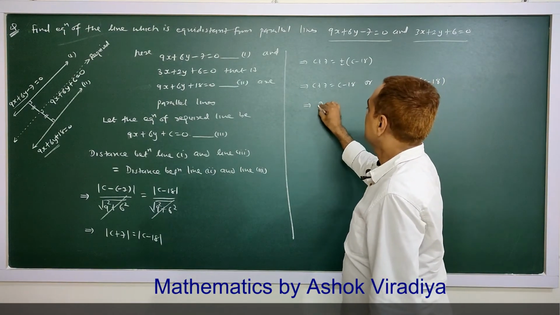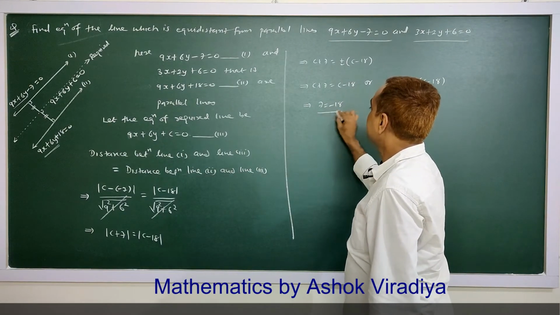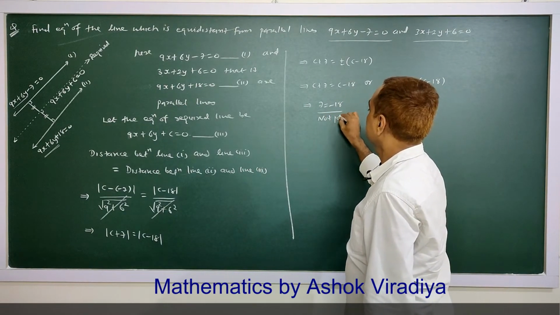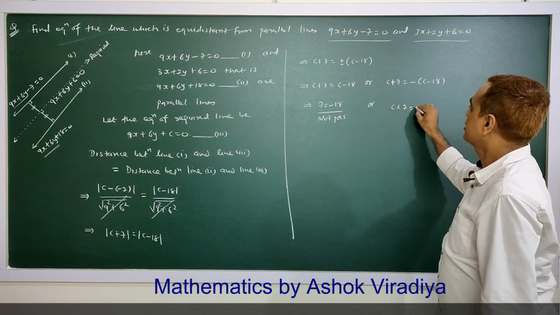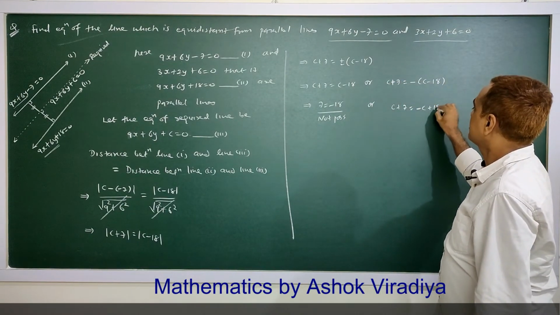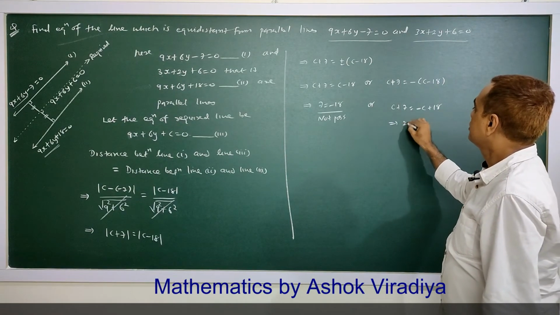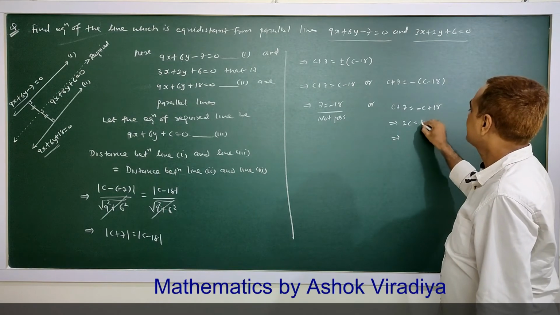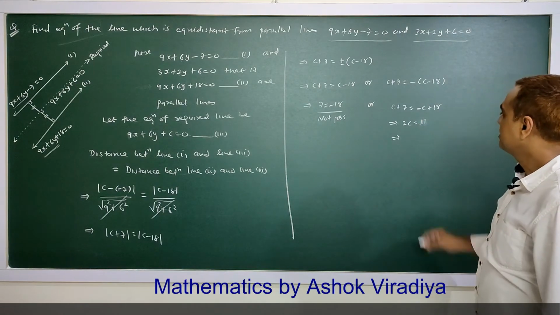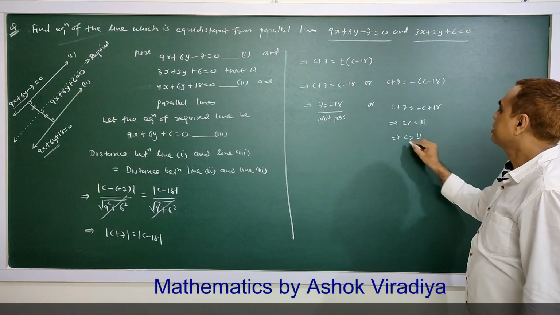The first means 7 equal to minus 18, which is not possible. Or c plus 7 is minus c plus 18. So 2c is 18 minus 7, which is 11. So c is 11 by 2.